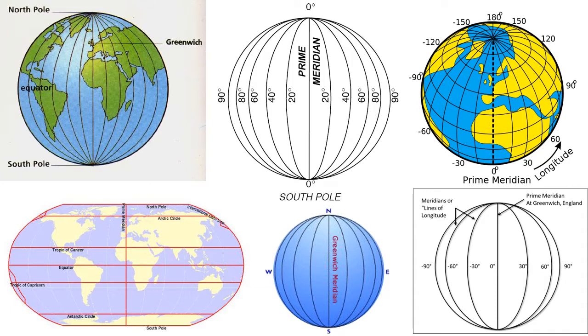So you see the prime meridian there in the middle, and it shows running across from it the equator, the Tropic of Cancer, the Tropic of Capricorn, the Arctic Circle, the Antarctic Circle, the North Pole, and the South Pole. And it also gives you an idea where the international dateline is.